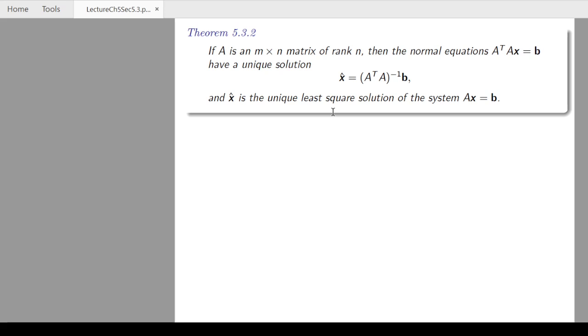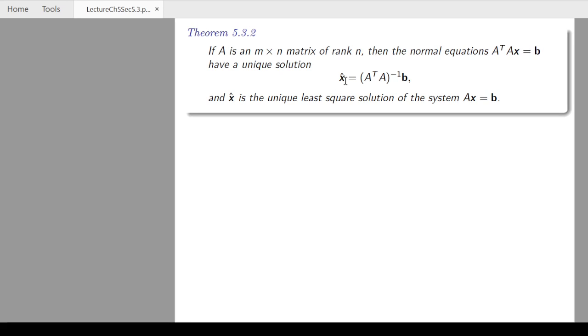Theorem 5.3.2. Suppose A is an m by n matrix of rank n. Then the normal equations A transpose times A times X equal to A transpose times B have a unique solution.